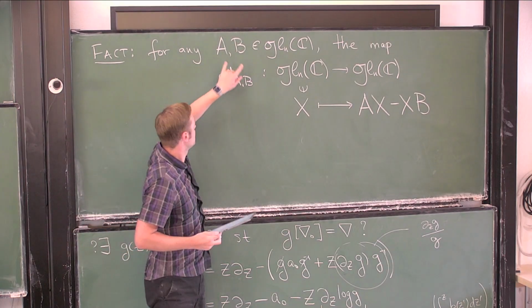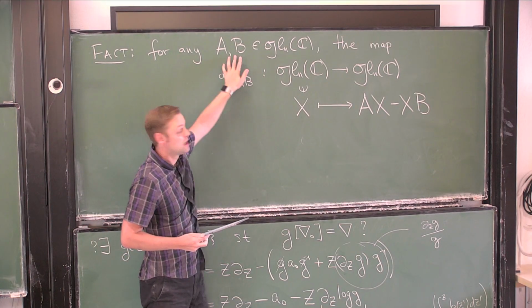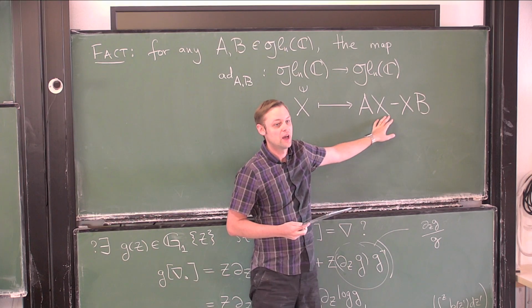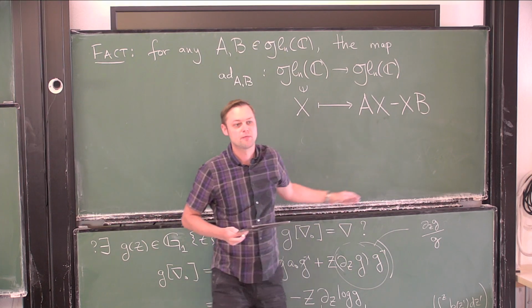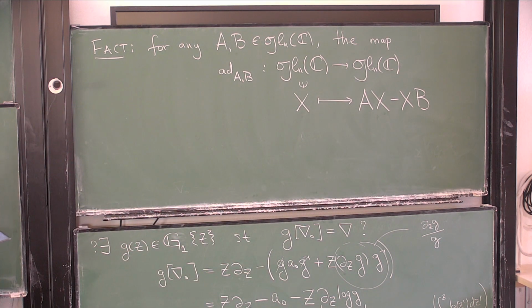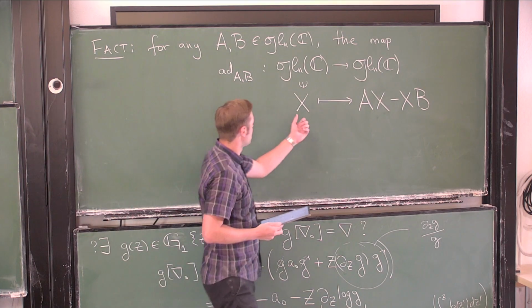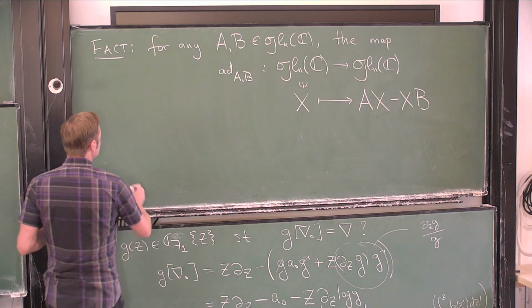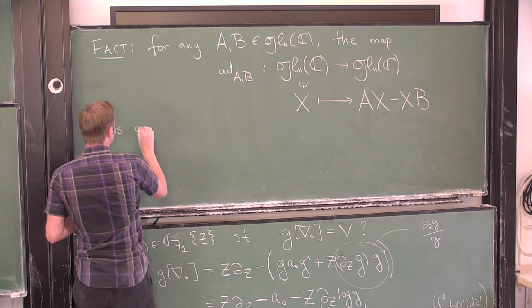You see, if, for example, A equals B, then this is just the commutator between A and X, and that is traditionally what is called the adjoint map, hence the notation. But there are two facts about this map. First of all, this is a linear map.